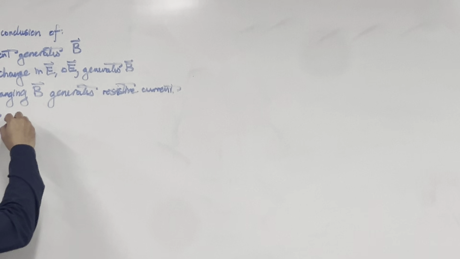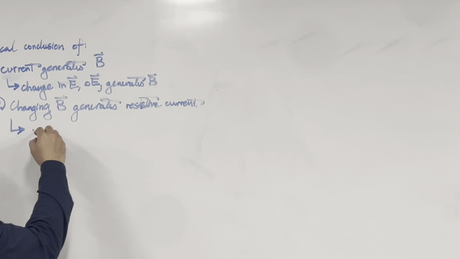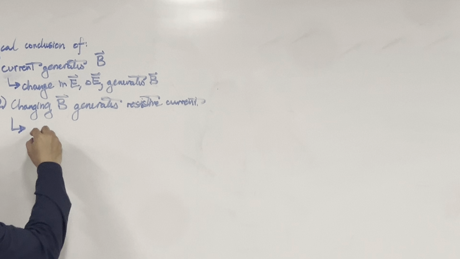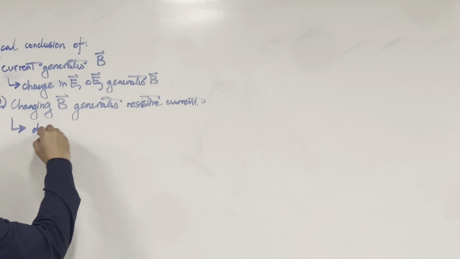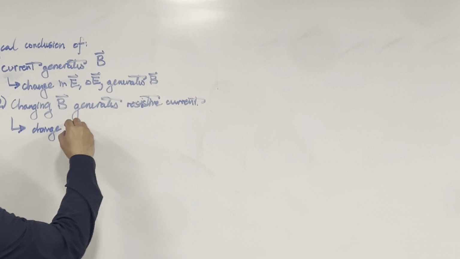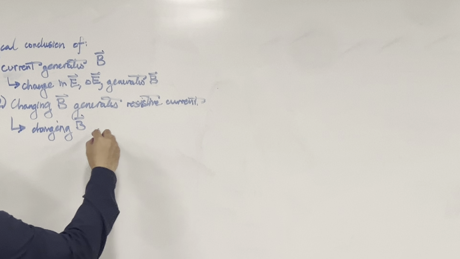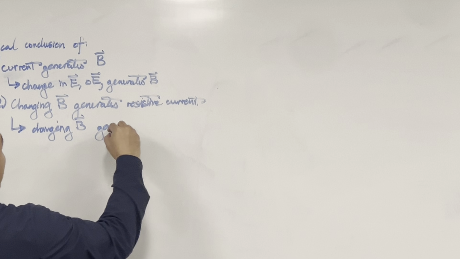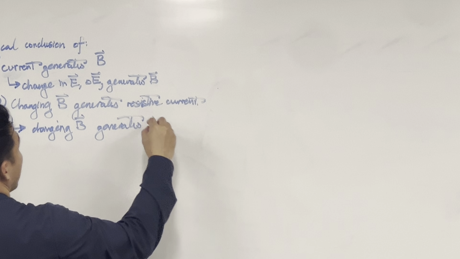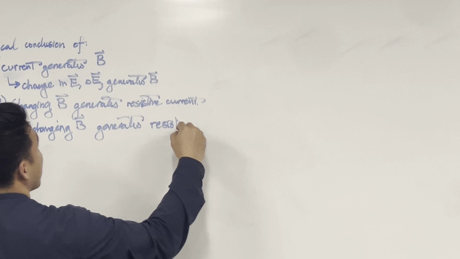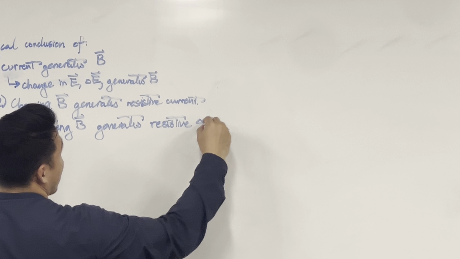Or another way to put it is, a changing B generates a resistive delta E.